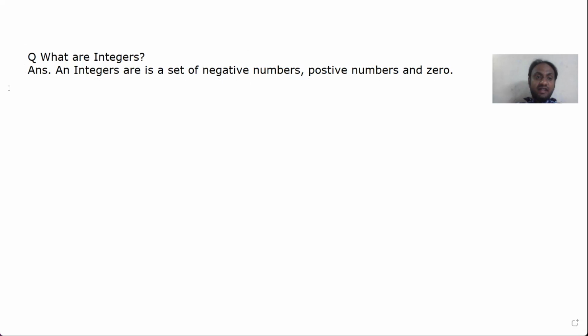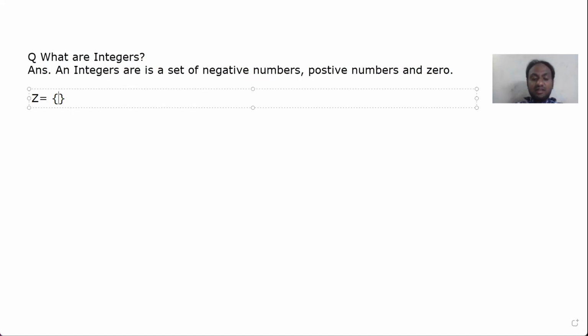We indicate integers by the symbol Z, the English alphabet Z, which symbolizes the set of positive, negative, and 0 numbers.